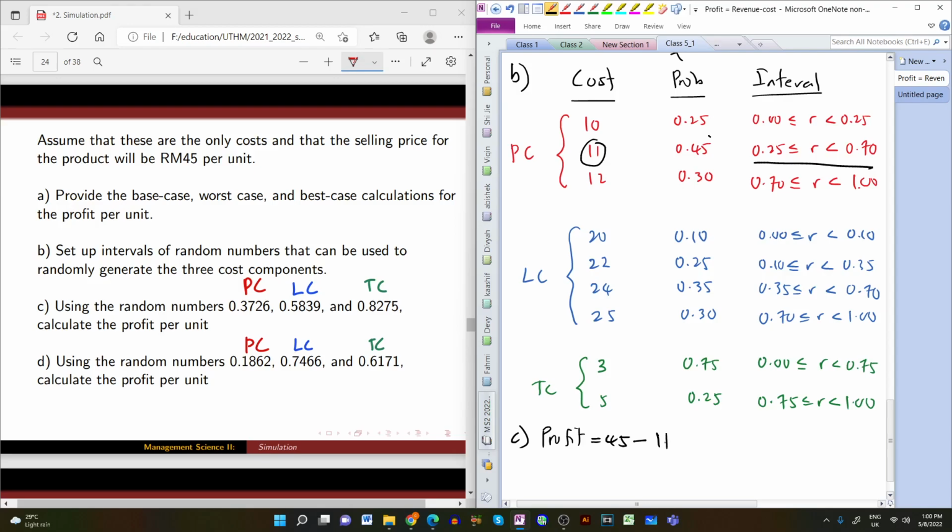For labor cost, 0.58 is somewhere here, you choose this one. And the transportation cost is somewhere here, you choose this one. And the profit is 5.